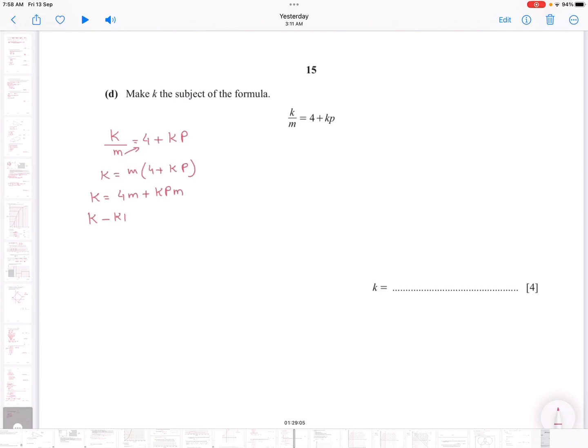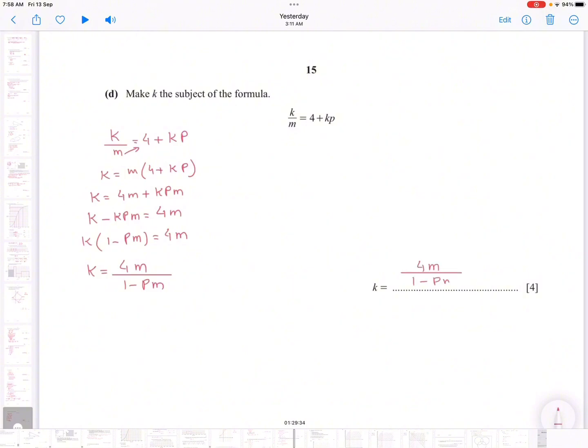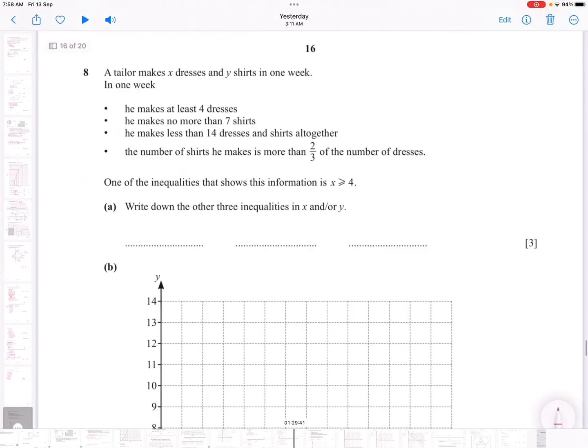Now collect the like terms. k minus kpm equals 4m. So take k common. So 1 minus pm, it will be divided on the other side. So this is your k as the subject. Write it down in the answer space.